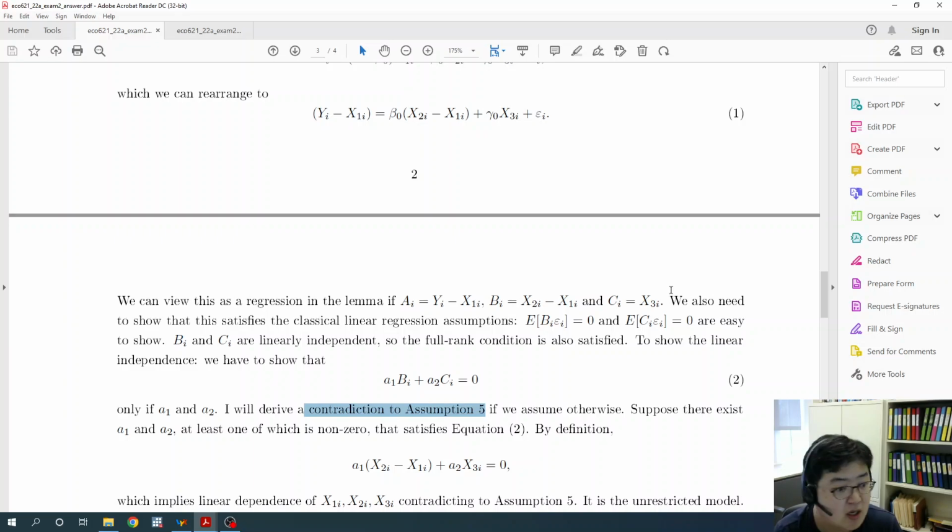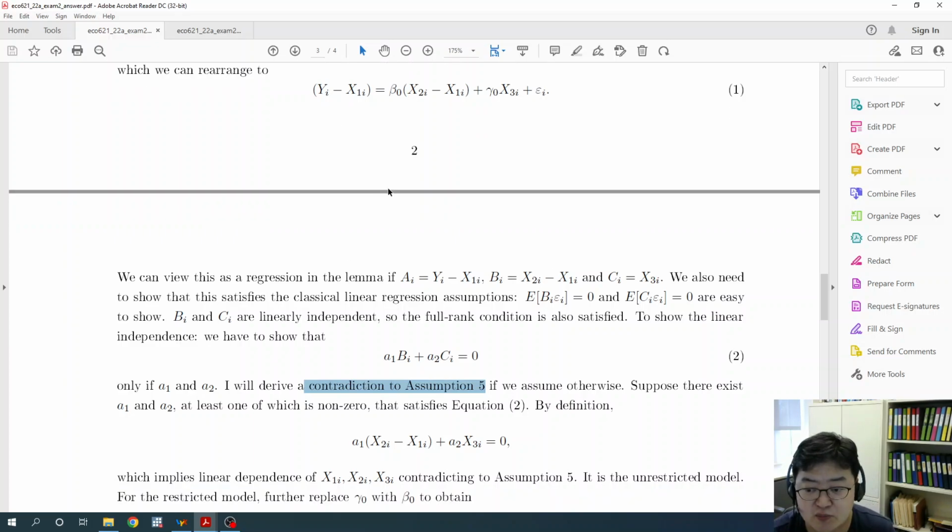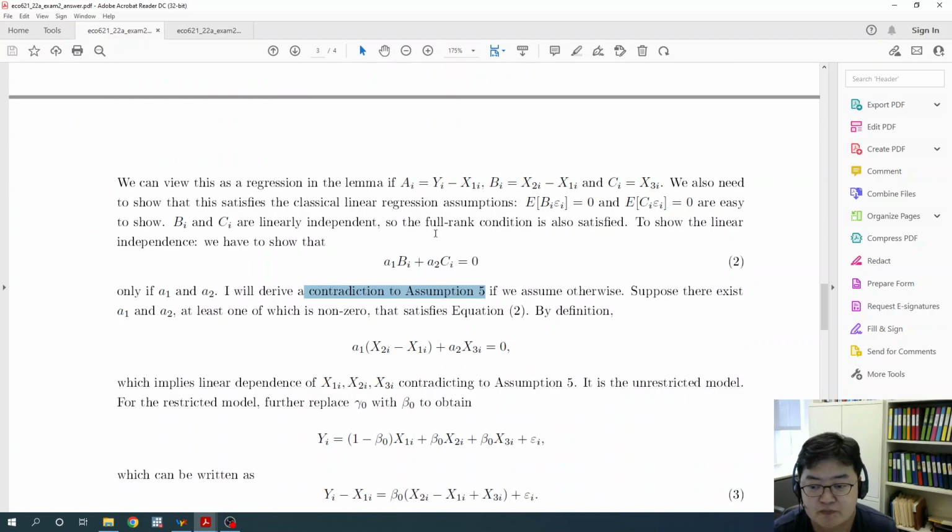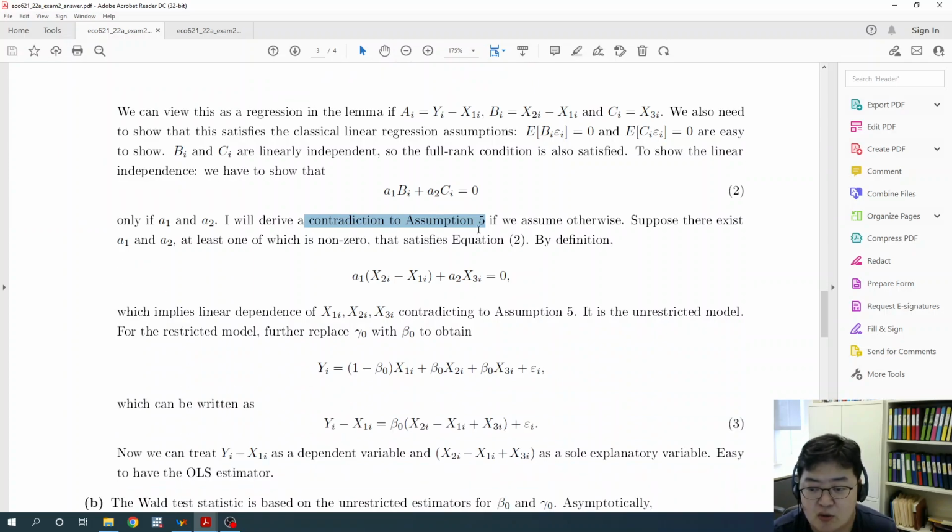It's not that difficult to prove. The conclusion is that the unrestricted model is a regression on two variables. That's it. It's as simple as that.